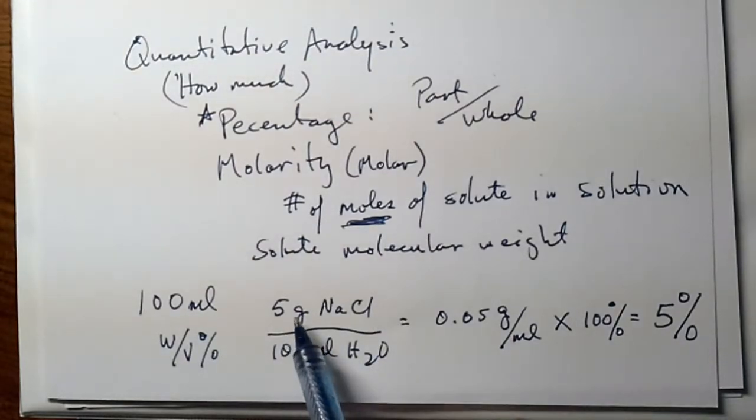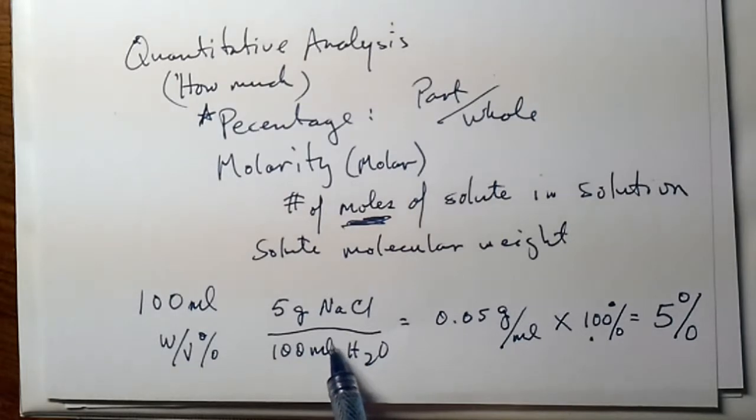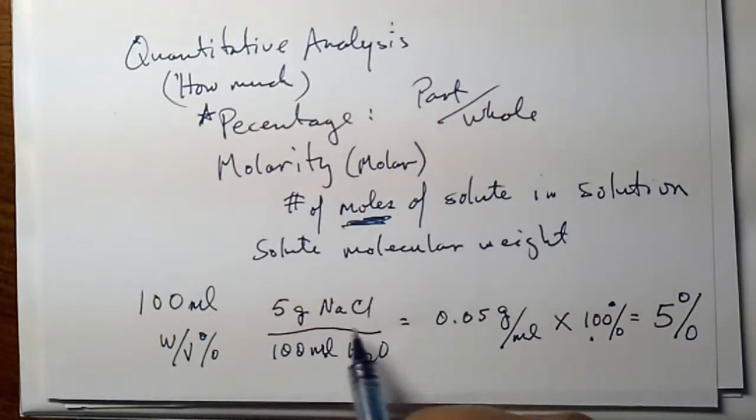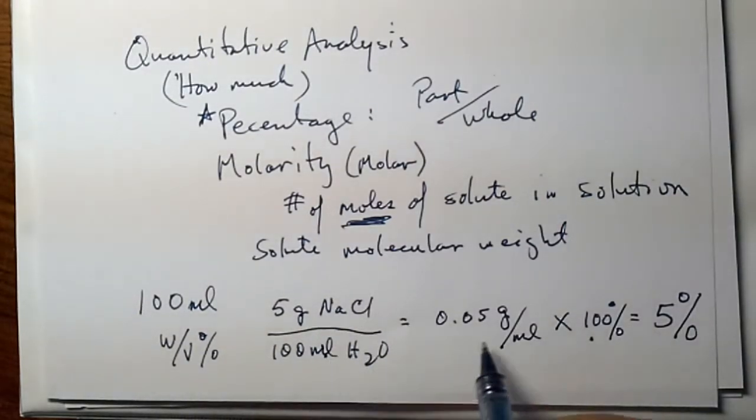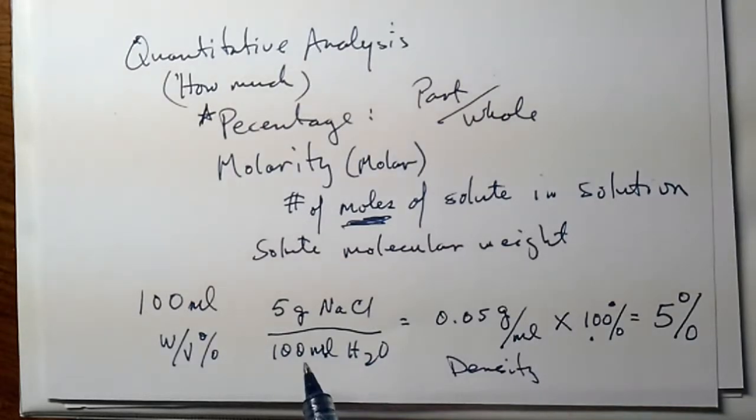And so if I took 5 grams over 100 times 100%, I will get 5%. That's a weight volume percentage. This is my weight, this is my volume. However, if I do the math and calculate the density, it's 0.05 grams per mil. Simply divide 5 by 100.